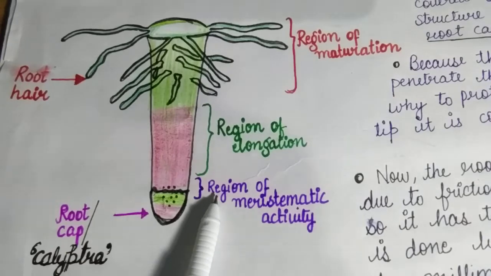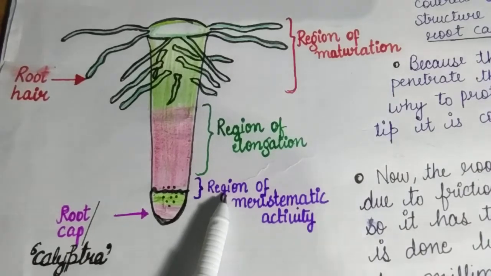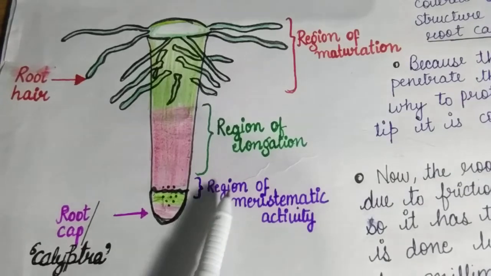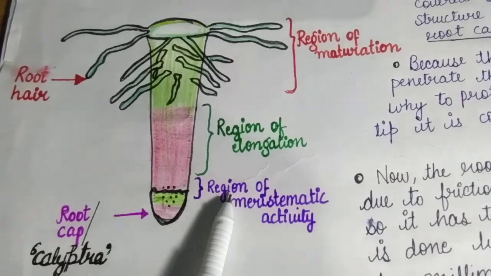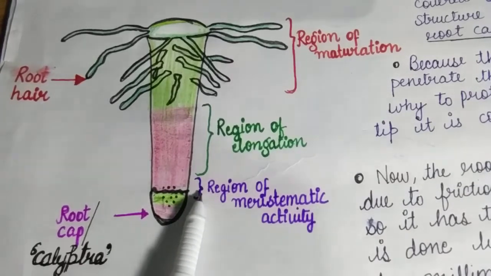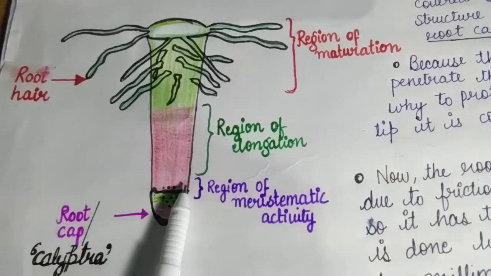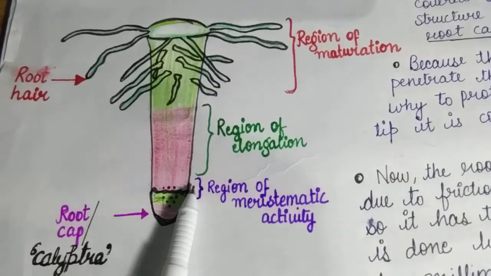Another very important point about meristematic cells is that they don't have a vacuole, but the newly formed cells have a very small vacuole, and then gradually the vacuole gets enlarged in size, and the cell will also get enlarged.